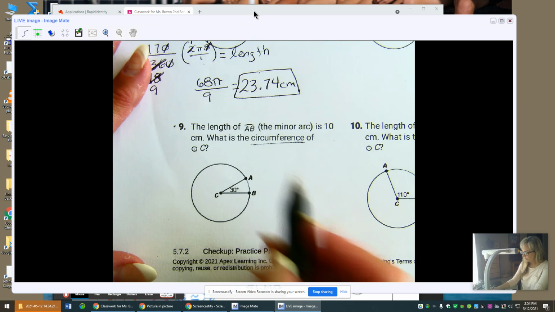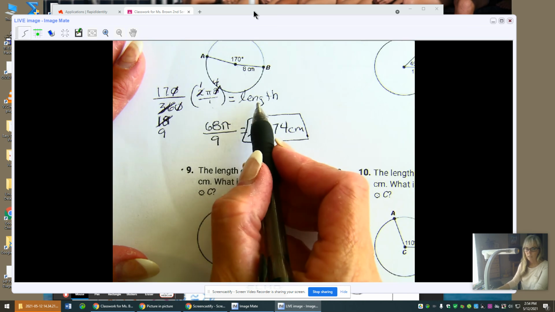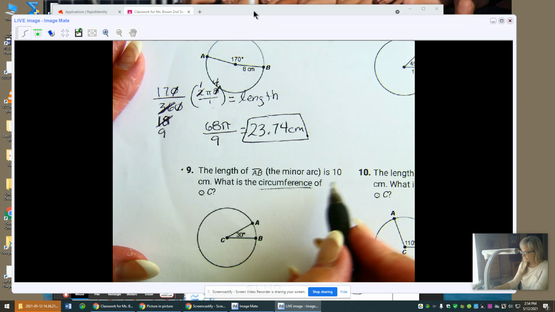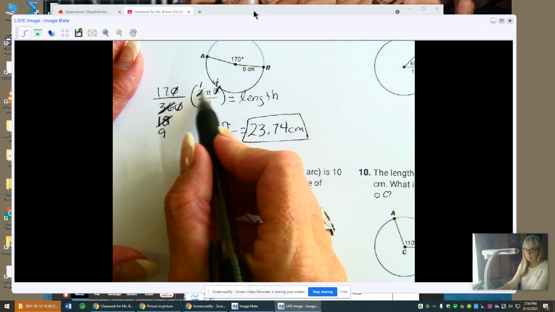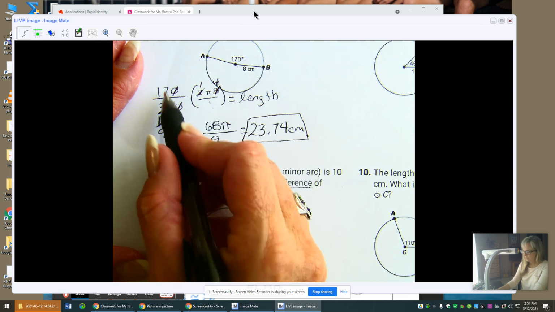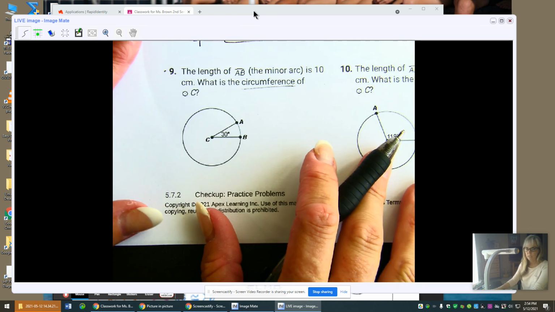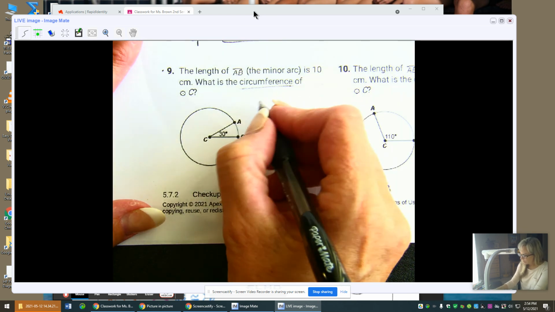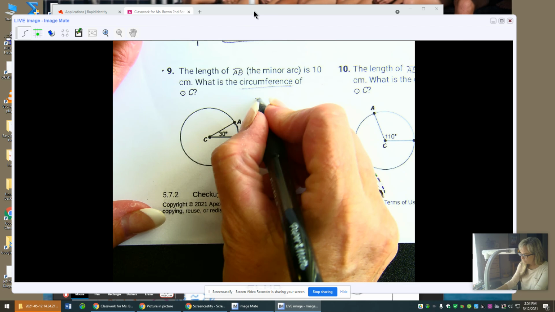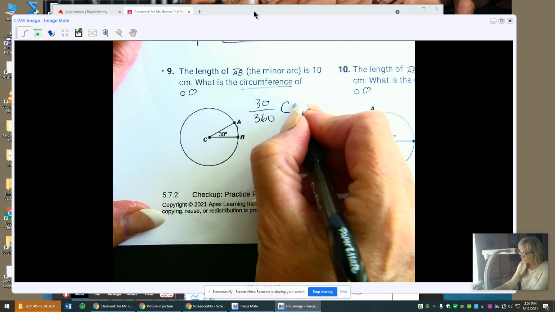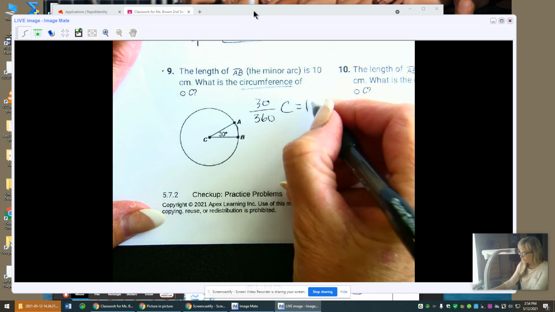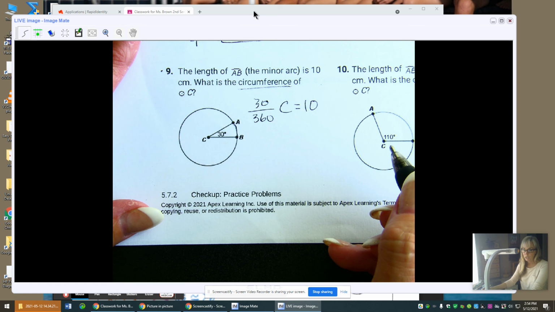Now we have the length, so I'm going to put my length value, which is 10 centimeters, on the right side, and I'm going to put equals C for circumference, and then whatever other information you'll need to solve it. So it's going to look like this. We have the arc measure over 360 times the circumference, which I don't know, equals the arc length, which I do know.